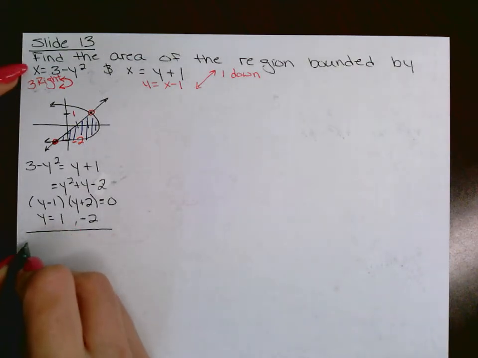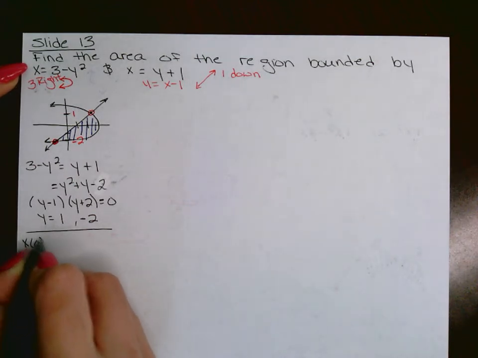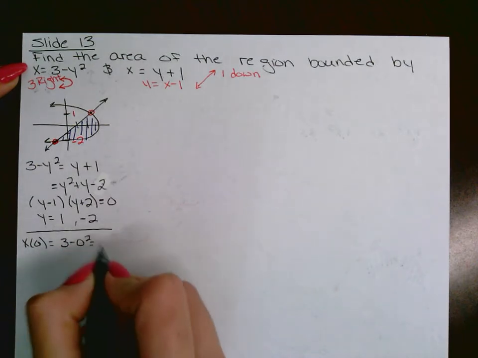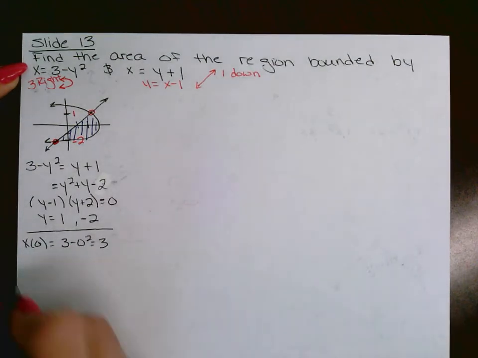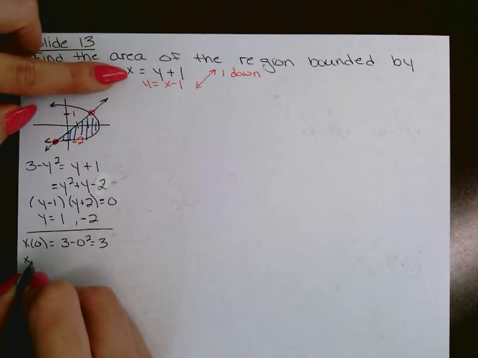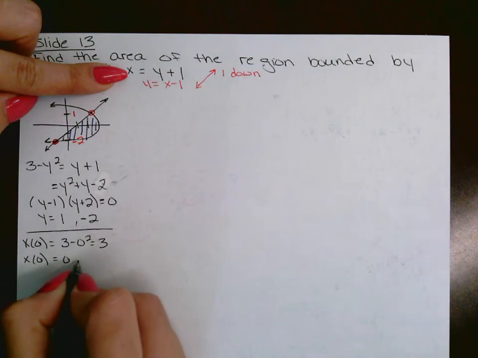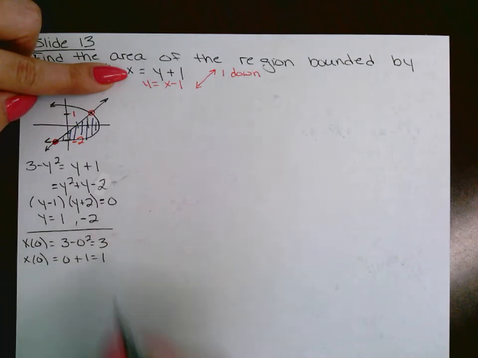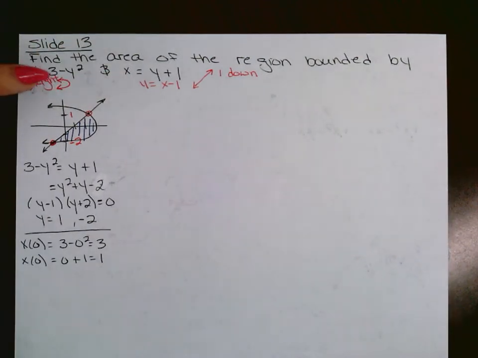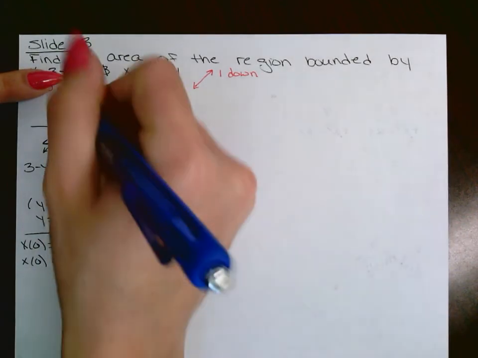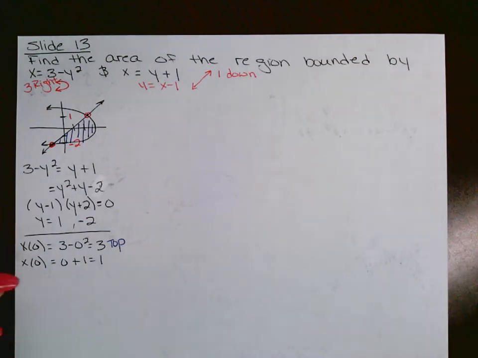So I'm going to say my first x function at 0 would give me 3 minus 0 squared, which just gives me 3. And then my second function at 0 gives me 0 plus 1, which is just 1. So you can see again that the y squared is my top. Or not my top, sorry, my right.